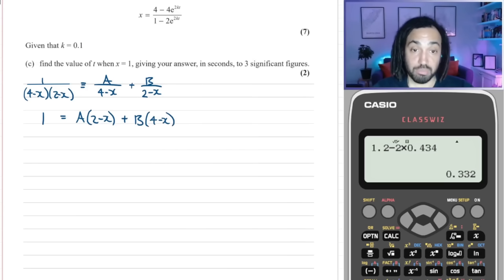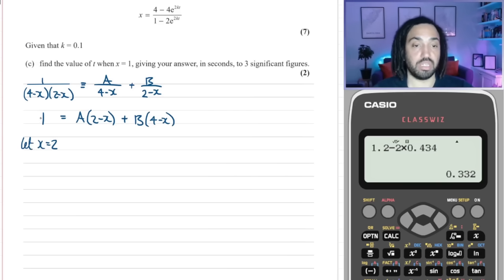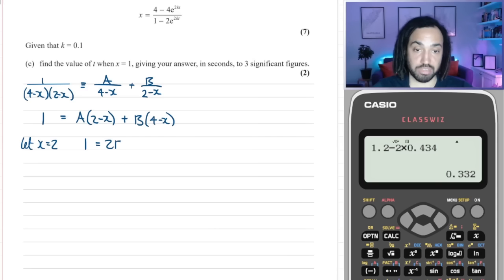And then we think what makes this bracket 0, that will be x equals 2. So we let x equals 2. It won't affect the left hand side because that's just 1. When x is 2, this bracket will be 0. But over here we'll get 2 inside that bracket, so just 2b. And that means that b is equal to a half.